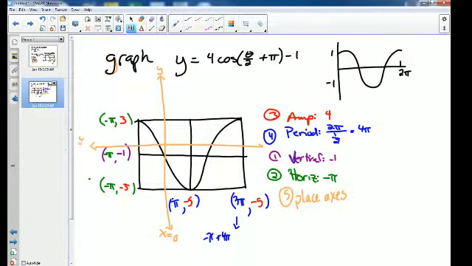This is where y equals 0. Your graph is now a little more screwy than you're used to with the parent function, right? Yes. This is the x-axis. So y equals 0. -pi plus 4pi.